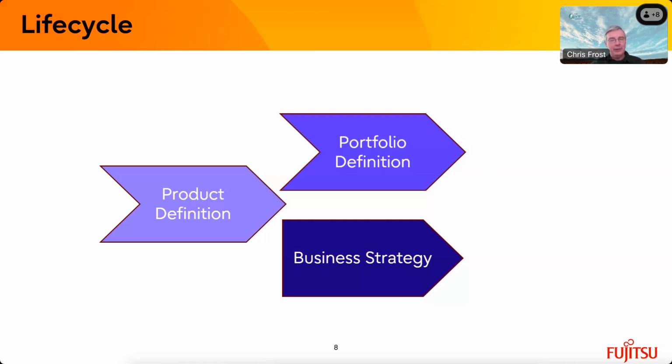And then later on, thinking about how that might be further developed into a wider portfolio of products and the strategy that might underpin that. So, different arrangements of these three fundamental stages.